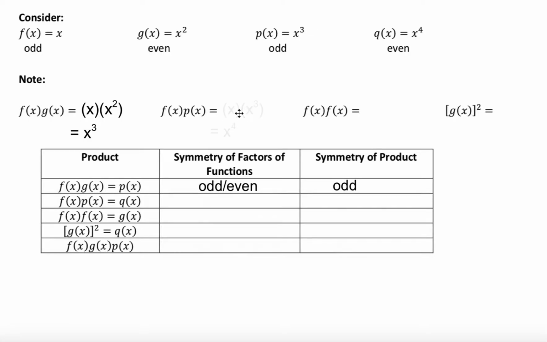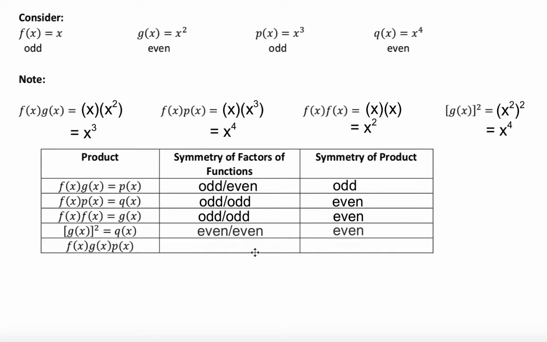Here we've got an odd and an odd, which becomes even. Here again, an odd and an odd, which is even. And here we have two evens, which stay even.